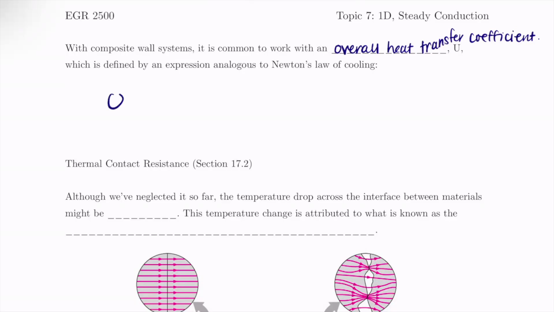So we have Q dot is equal to U times A times delta T, where this delta T is the overall temperature difference.